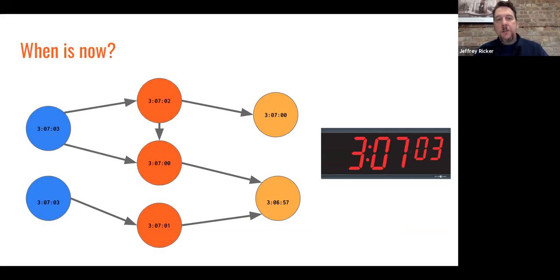If we look at our previous graph, the sources are recording events at the wall clock time, 3 seconds after 3:07. But the operators are operating on data that is 1 or 2 or 3 seconds old from when they received it from the source.